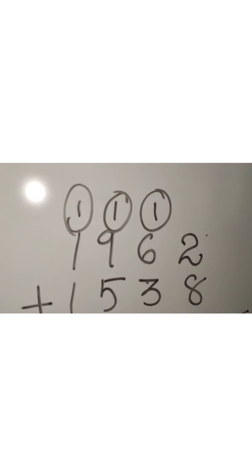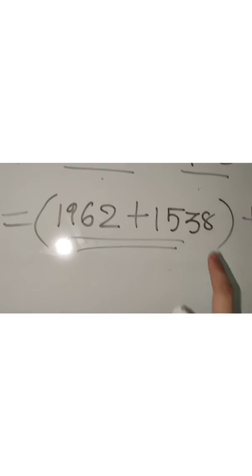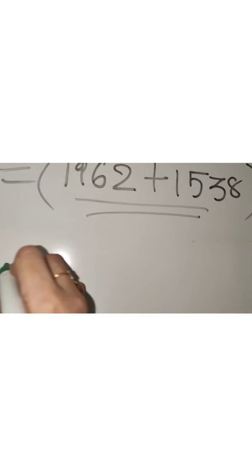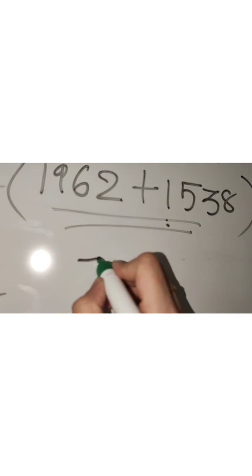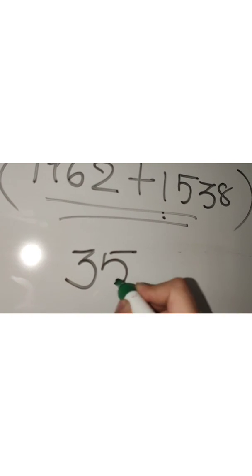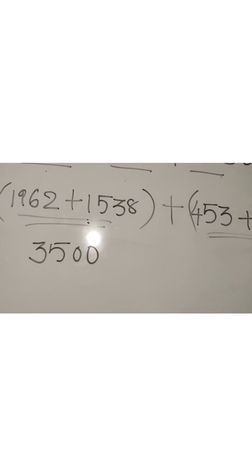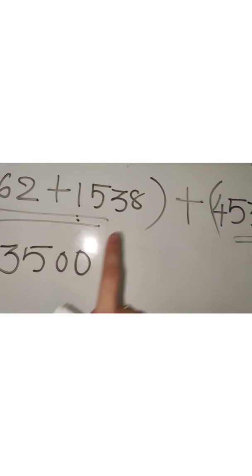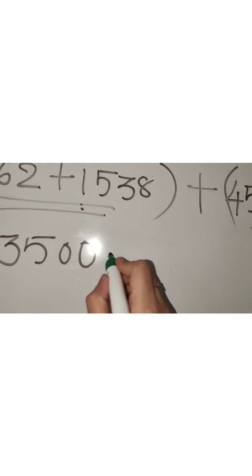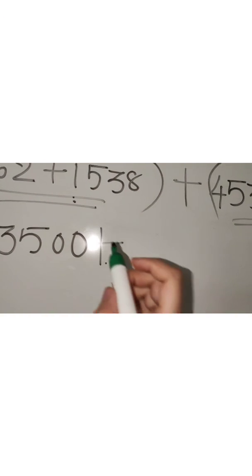Carry over and 3. So what's the answer of this 2? That is 3500. So now this 2 will be replaced by its sum, that is 3500. So this is the answer of first group. This plus sign will remain as it is.